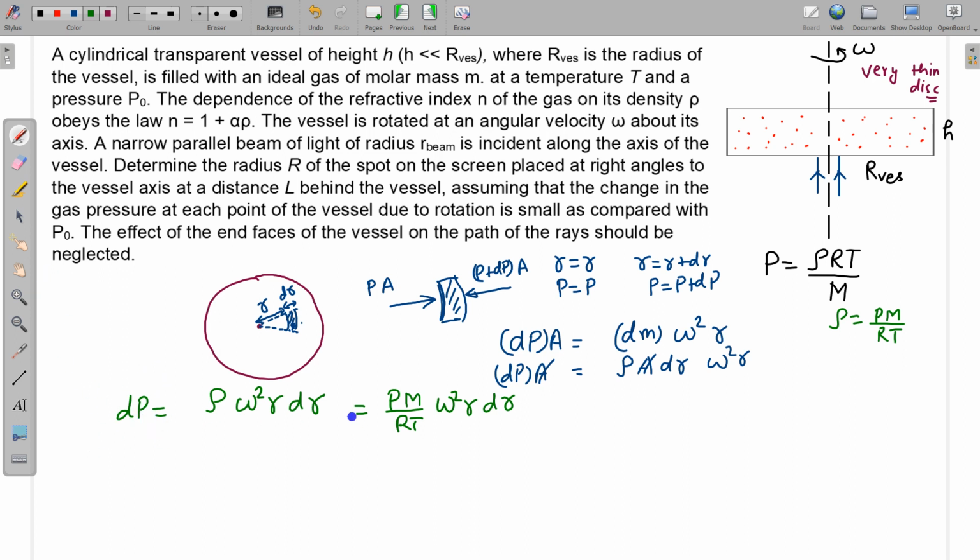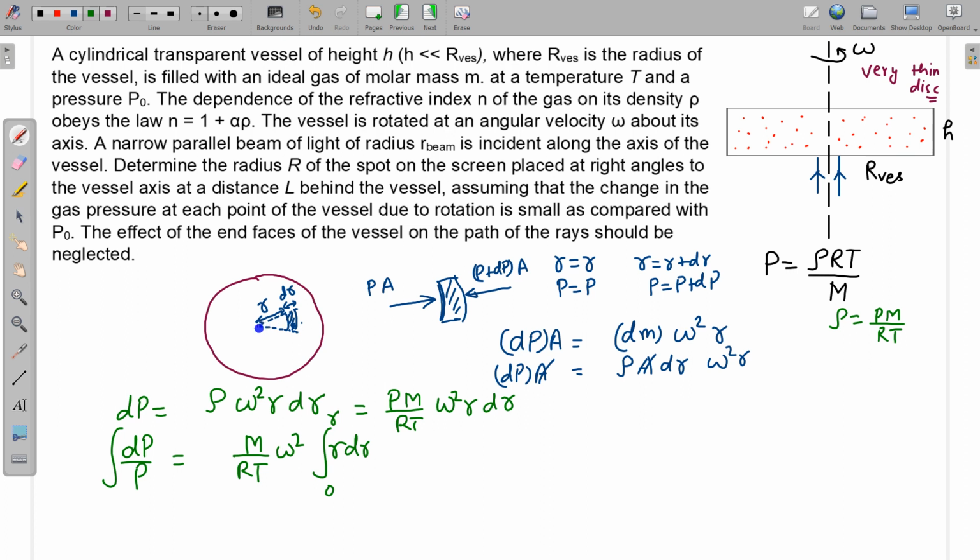If I am not applying the approximation at this junction, then we write the integral of dp by P equals M by RT omega square times r dr, where M is the molar mass, from 0 to r, and pressure is varying in the radial direction.